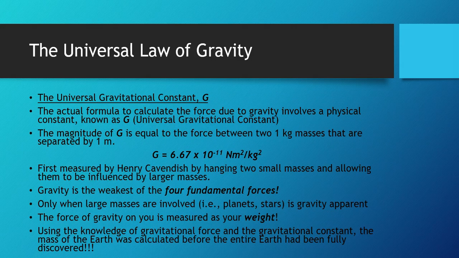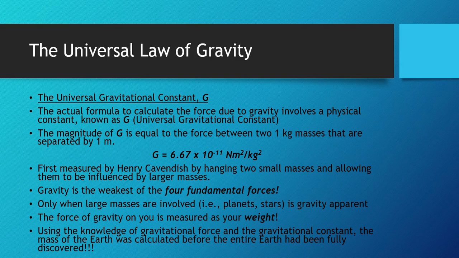So in the early 1900s, a guy by the name of Henry Cavendish decided to come up with an experiment that would allow him to essentially measure that missing piece of the gravitational force. And what he measured was what is known as the universal gravitational constant.